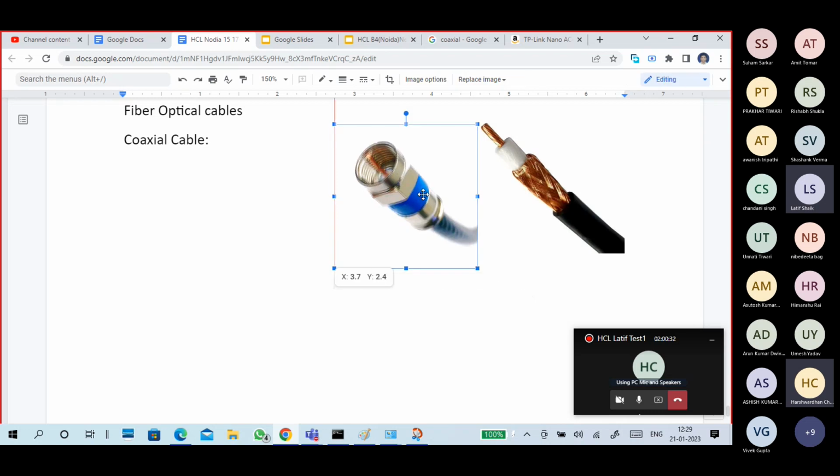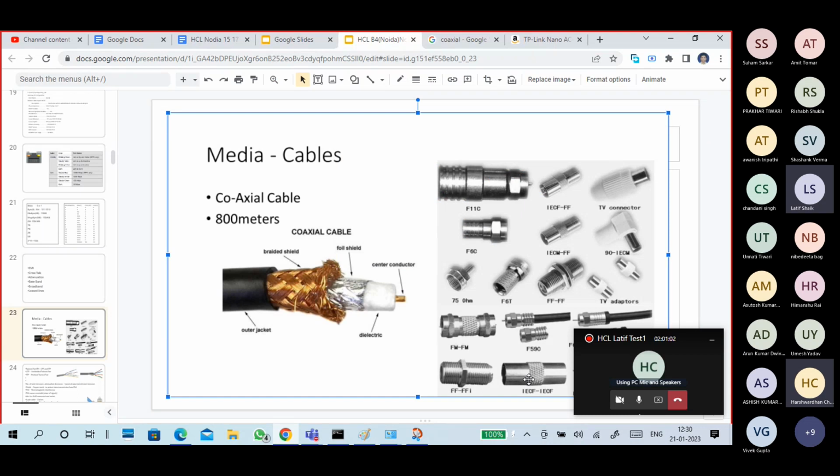Another one is dish TV also. In an apartment, on the top floor there is a dish, and from the dish to your home there is a cable. So this type of coaxial cable is also used there. These are different types of connectors.